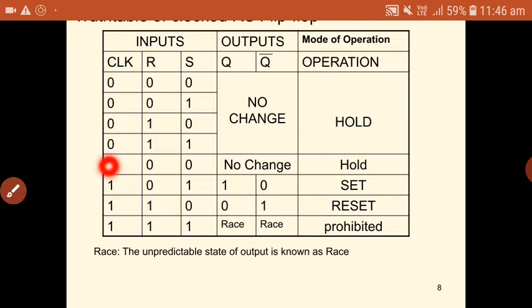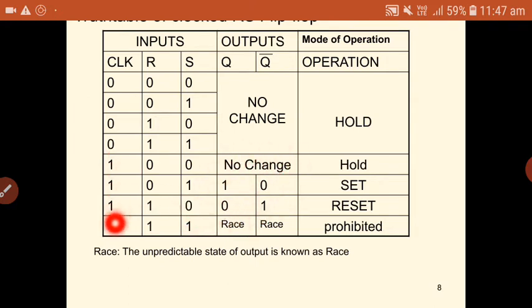Similarly, when clock is equal to 1, that means you are making the clock input 1 for the flip-flop, so the flip-flop is enabled. What do you mean by enabling the flip-flop? Depending upon the input combination of R and S inputs, the various outputs will be produced.